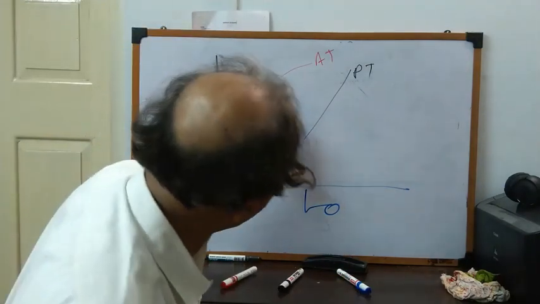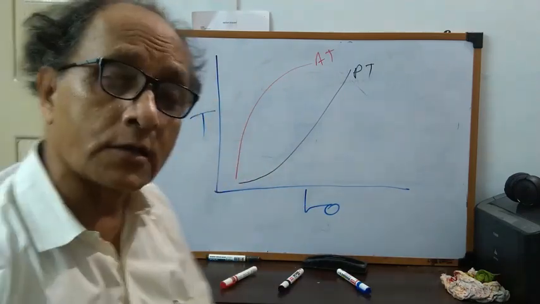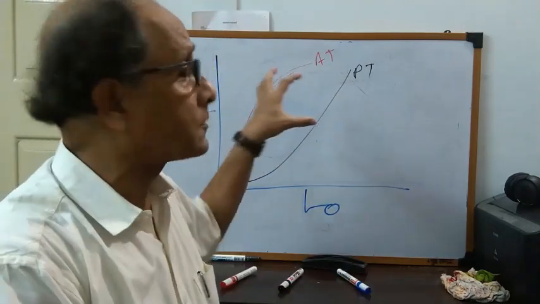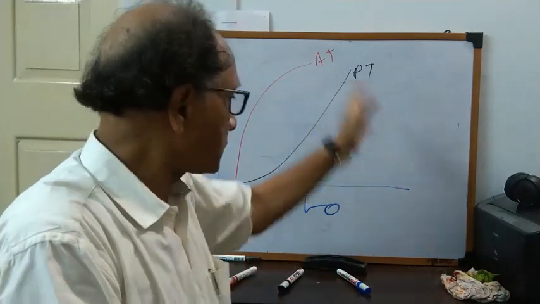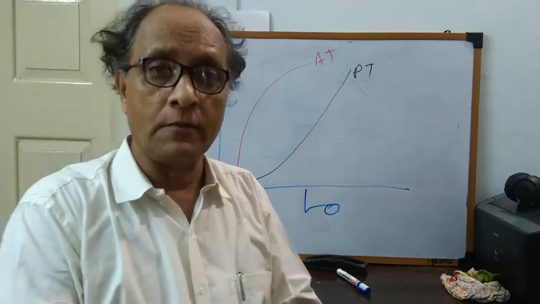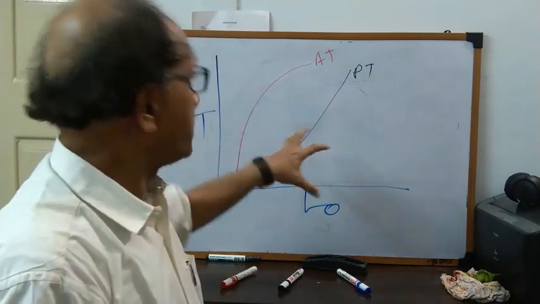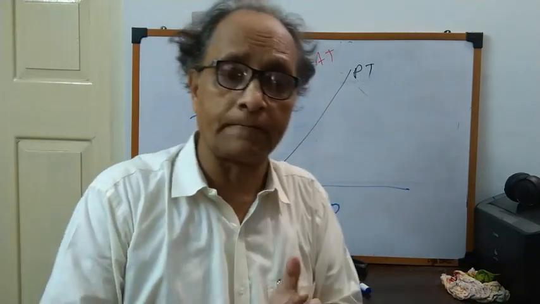Now, if this is the final summary of the length tension relationship curve of isolated cardiac muscle fiber, the summary of what I have described for the last 40 minutes, then try to understand the implication of this.